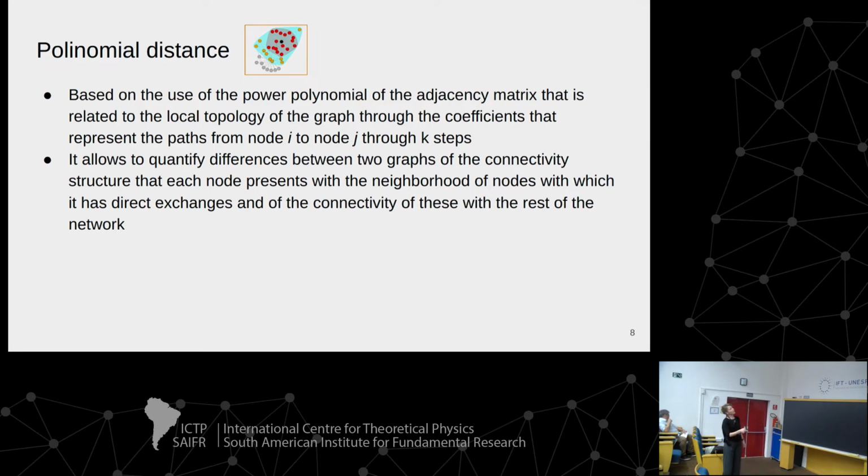And it is related to the local topology of the graph through the coefficients of this polynomial function, yes? So it represents the path from node i to node j through the k steps, okay? And it allows to quantify differences between two graphs of the connectivity structure that each node presents with a neighborhood of nodes with which it has direct exchanges.